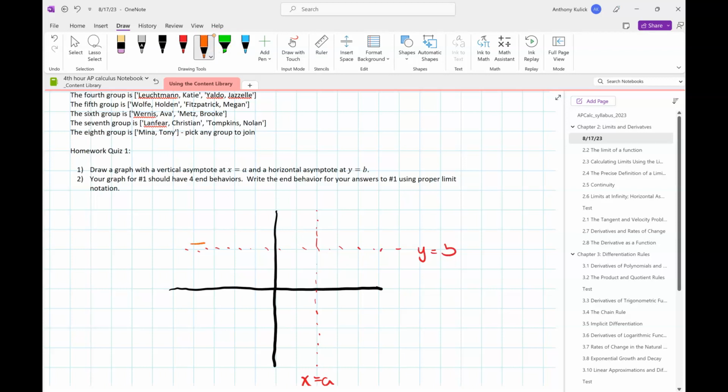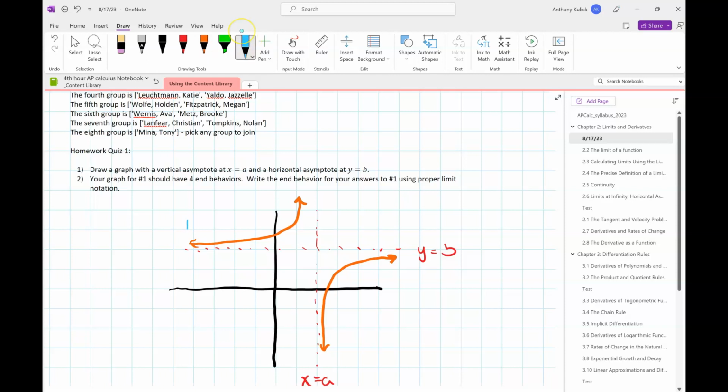Most of us drew something similar to this that looks like a simple rational function. But really, your two arcs could be both on top, both on bottom, or the one on the left could have been on the bottom and the one on the right on top, or vice versa. All would have been acceptable.